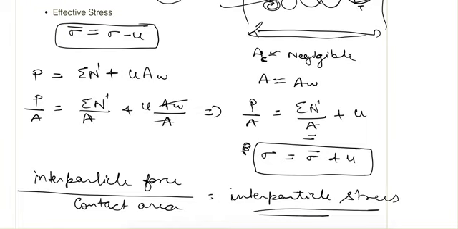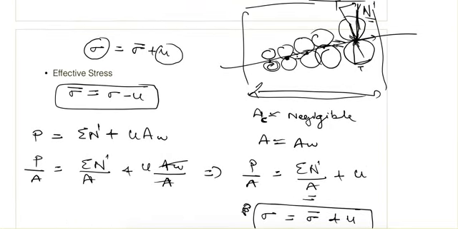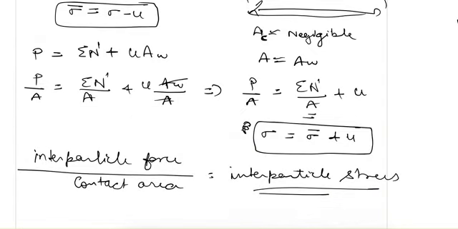But this is not interparticle stress. Interparticle stress could be measured if we knew this contact area, but because this term is the interparticle force divided by the gross area, it is not a measurable quantity, and it can only be found out by the difference of total stress and the pore water pressure.